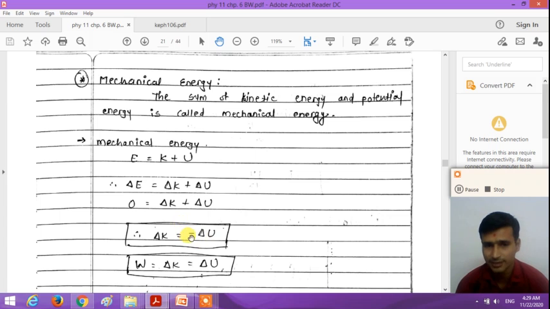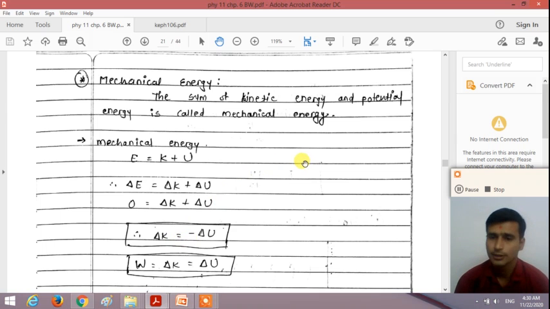This minus sign indicates that the changes in the kinetic energy and potential energy are opposite. Here the kinetic energy is decreased, the potential energy is increased, and if the potential energy is decreased, the kinetic energy is increased. So from that, the work energy theorem can be modified like this: the work done by an external force is equal to the change in the kinetic energy, and it is equal to the change in the potential energy.